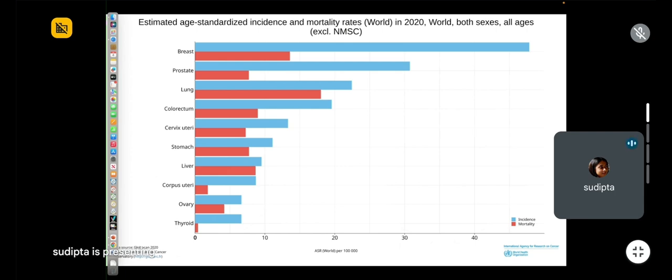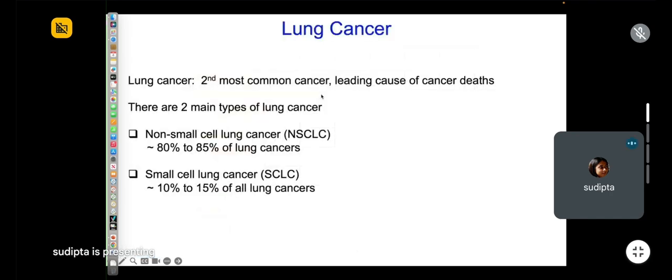This is the same data in a bar graph so that it is easier to see. See breast cancer: the incidence, how many people are suffering, is high, but relative to that, death is not that much. At the same time, with lung cancer, see how many people are suffering and dying: almost everyone.